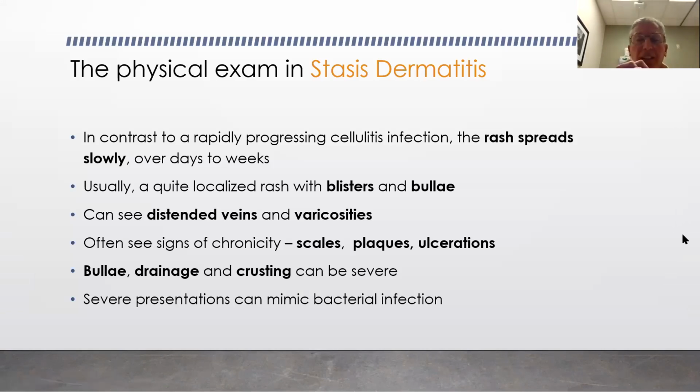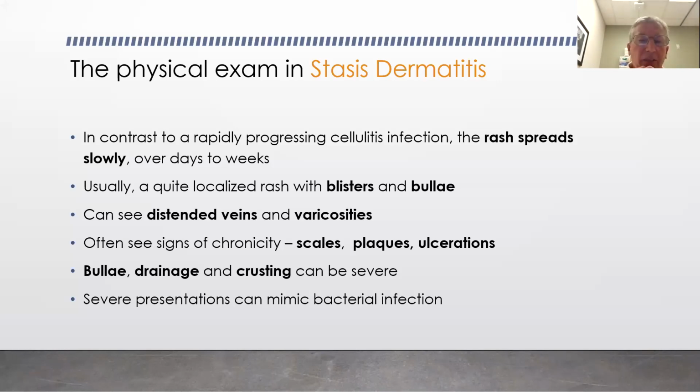So on physical exam in stasis dermatitis, the rash spreads slowly over days to weeks. This other patient that we first presented, the rash really didn't change over days to weeks, except when he elevated it and kept off his feet. There are often blisters and bullae seen in stasis dermatitis, which we don't see in cellulitis.